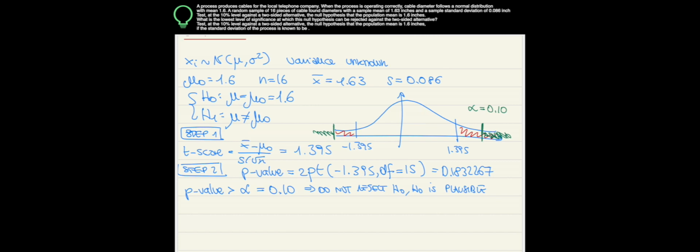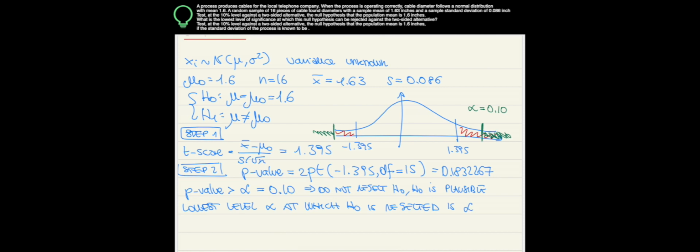So in this case, the lowest level alpha at which H0 is rejected is exactly equal to the p-value.